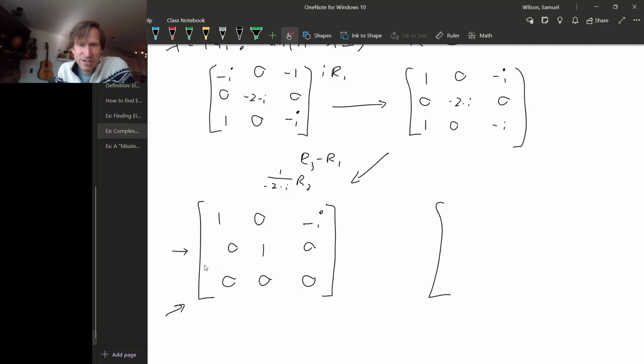This second row tells us that our middle entry has to be 0. And then the first row tells us that we're going to need an i here and a 1 there. So the eigenspace for this eigenvalue is the span of the vector (i, 0, 1).